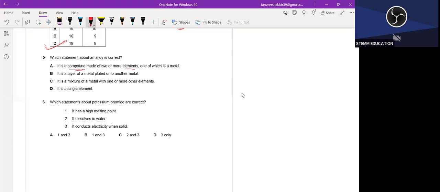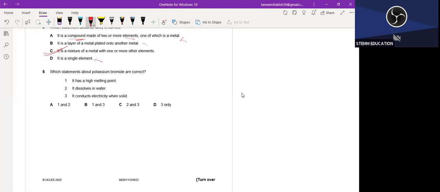It's not a layer of metal plates. And it's not a single element. When we say alloy, we mean at least two metals are mixed together. So the answer will be C: it's a mixture of a metal with one or more other elements.